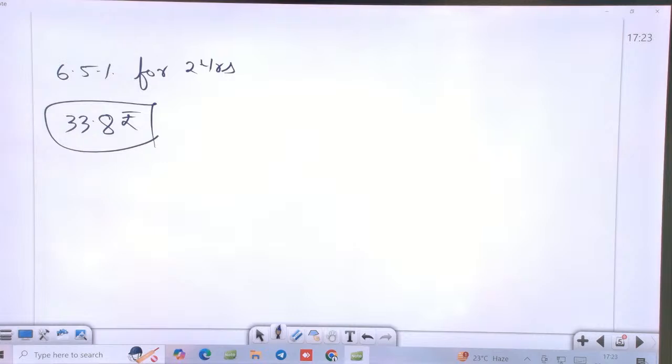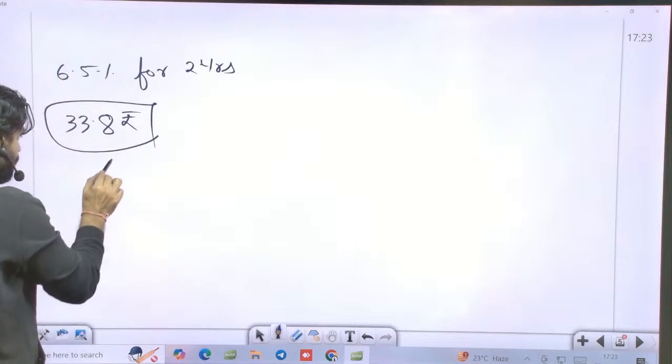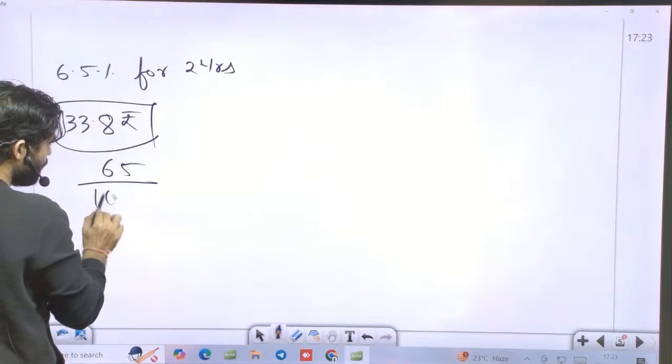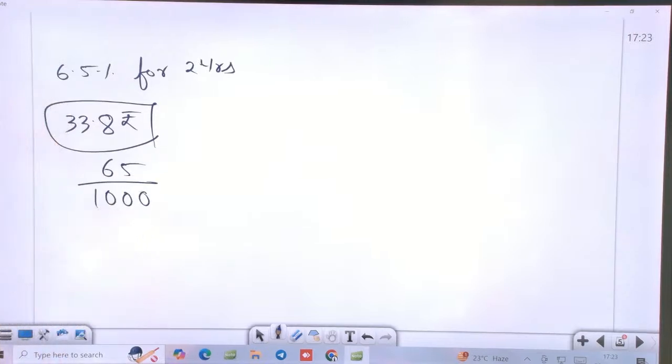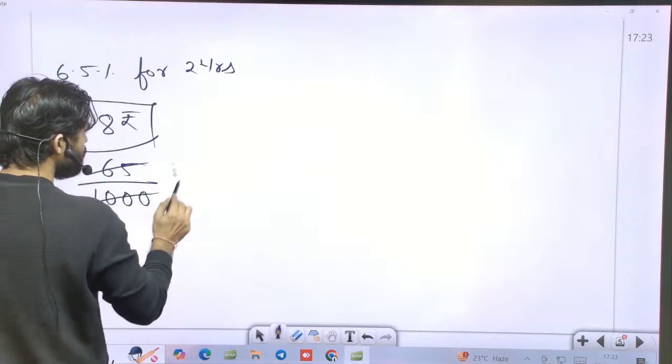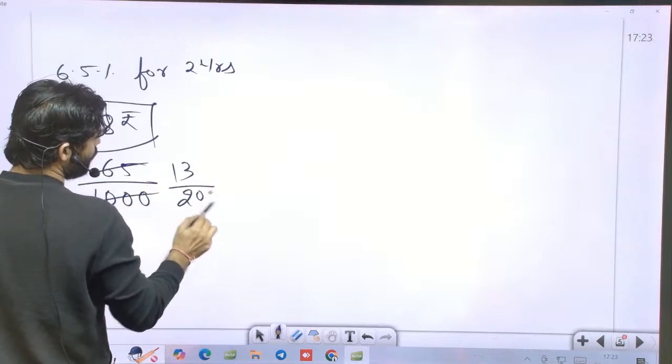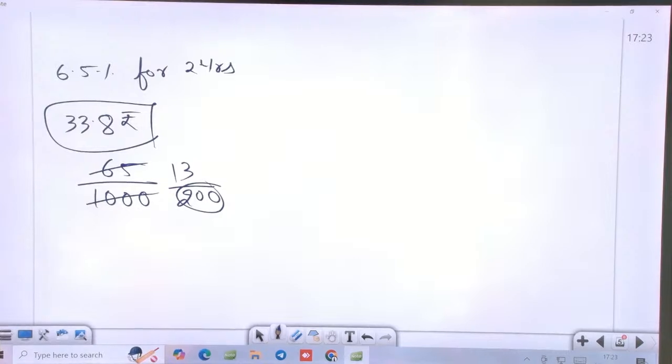Because first of all, we have to do the fraction of 6.5%. So let's do the fraction: 65 by 1000, cancel it out. So this is 13 by 200. Now we have to square that 200, and then we will take the first year and second year.